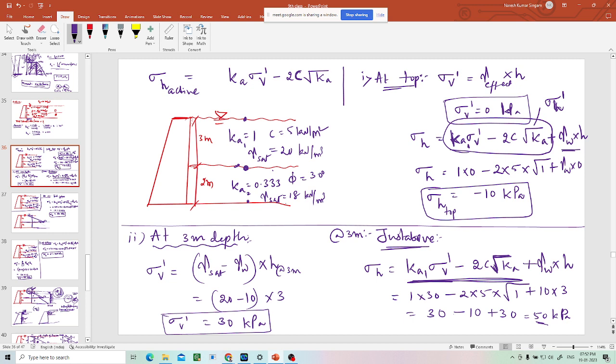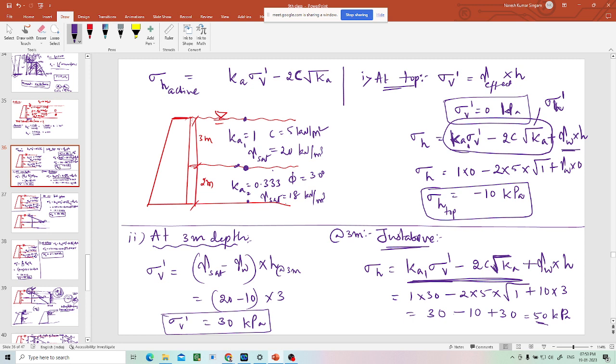Now using this same equation, Ka1 sigma V dash is changing, that we know. 2c is the same, Ka is the same, H will change from the top to bottom, gamma W is the same, so everything is the same other than z. So this is the common equation for that layer. That common equation becomes 0 somewhere between minus 10 and 50 in that layer.